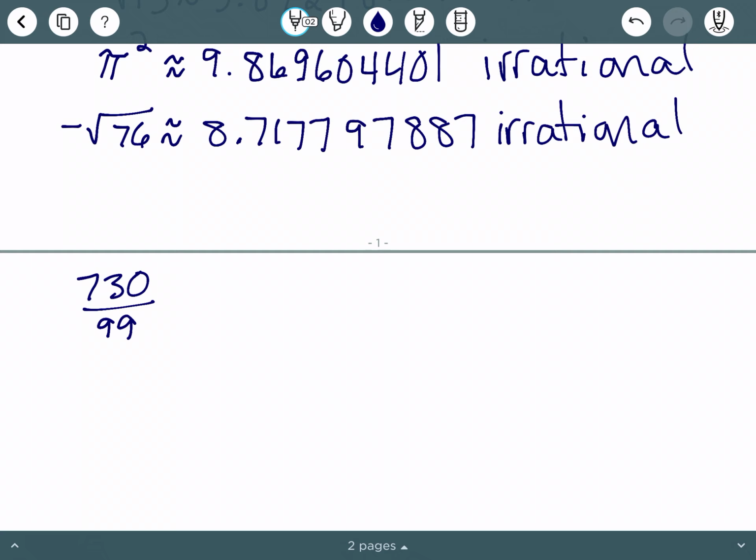And you'll notice that we get 7.37 repeating. Now, since this is a repeating decimal, this is an example of a rational number.